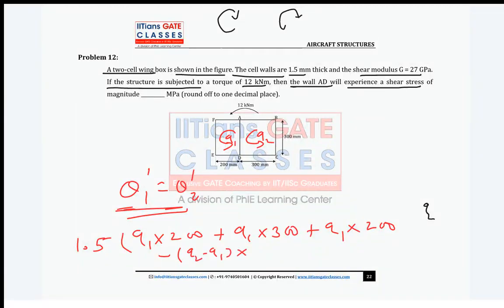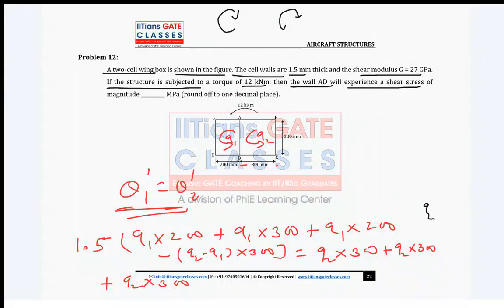Now guys, this should be equal to what? We have to go in the same direction of shear flow. That means for theta 2, we will start from D. So D to C. What is D to C? It is Q2 into 300. Then C to B is again Q2 into 300, and then plus Q2 into 300 for B to A. Then A to D. What is A to D? Plus.